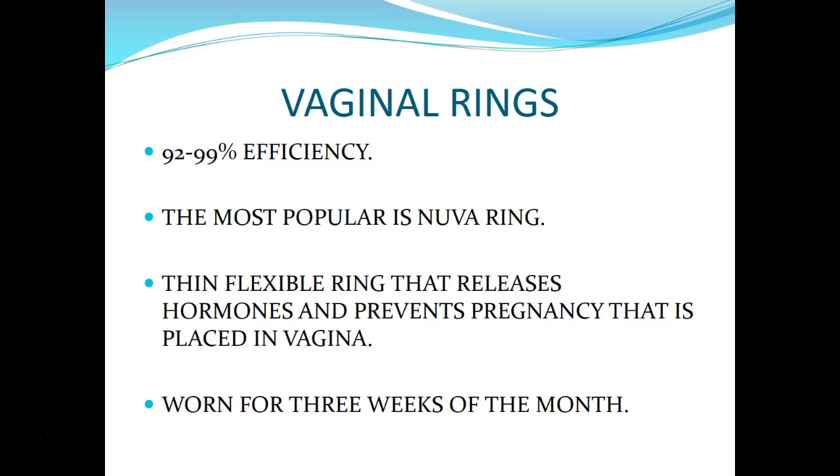The most popular version of vaginal ring is called the NuvaRing, and it releases hormones once it's inserted, and it prevents pregnancy. It's worn for 3 weeks out of the month, and then on that fourth week, you take it out and have your cycle.